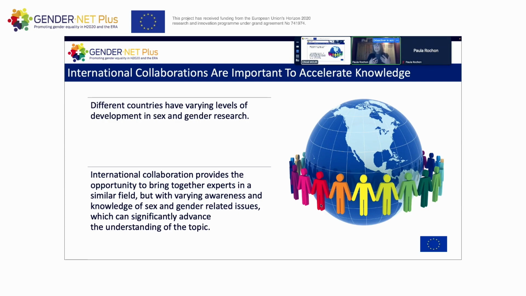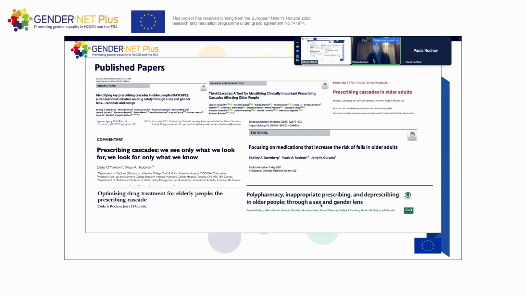And by doing this, I think we're really able to advance our understanding of the topic. So here are some of the papers that we've published, starting early on when we were identifying the different cascades, to thinking about work about inappropriate prescribing and opportunities for deprescribing that puts in place a gender lens.